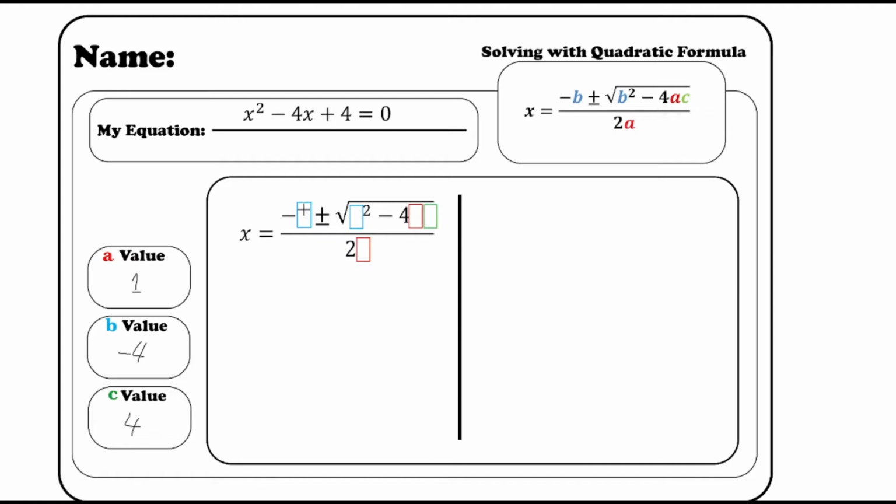So, blue, it corresponds to b. So, we have here negative 4. Then, we have here negative 4 also. Then, a, or red corresponds to a. And then, green corresponds to c. We have 4.